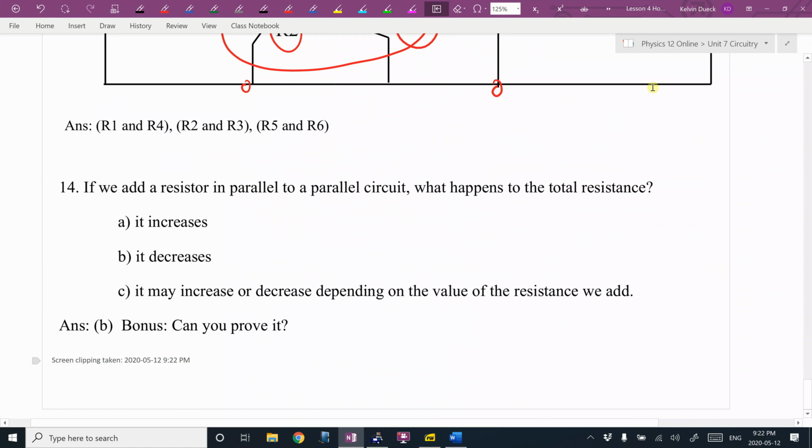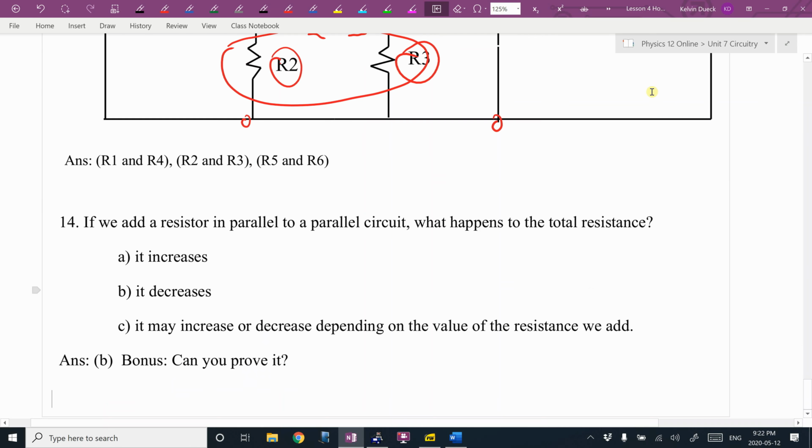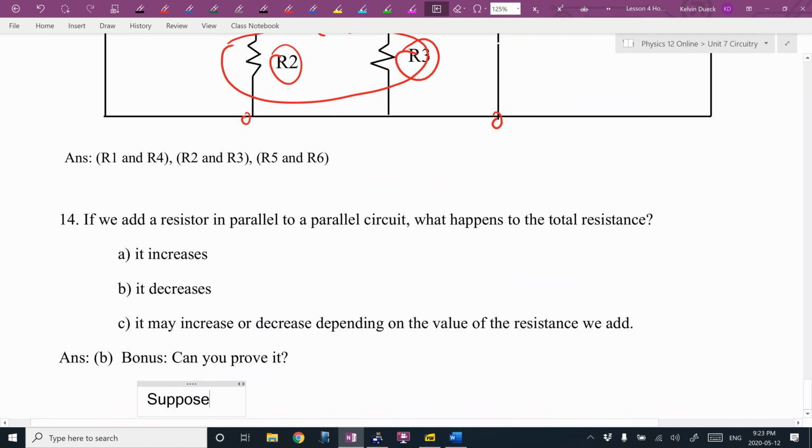If you add a resistor in parallel, what happens to the total resistance? Well, let's just make up an example. Let's suppose we have two resistors in parallel, a 10 ohm and a 15 ohm.